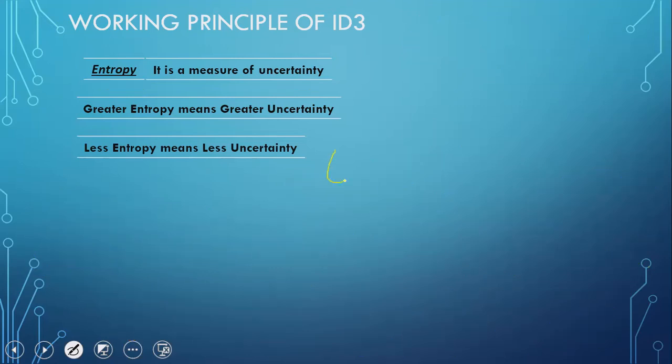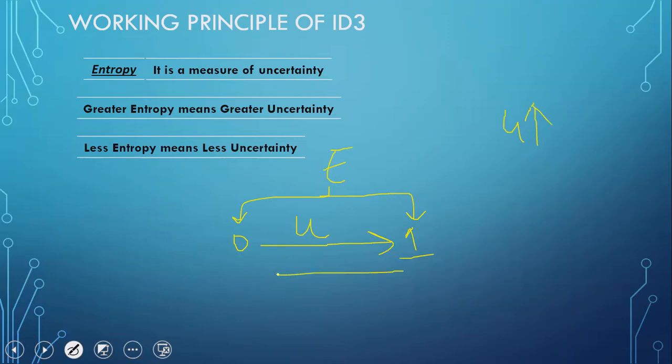To summarize, our entropy value ranges from 0 to 1. As the value of entropy increases from 0 to 1, our uncertainty increases. But when entropy decreases from 1 to 0, our certainty, or surety, increases.